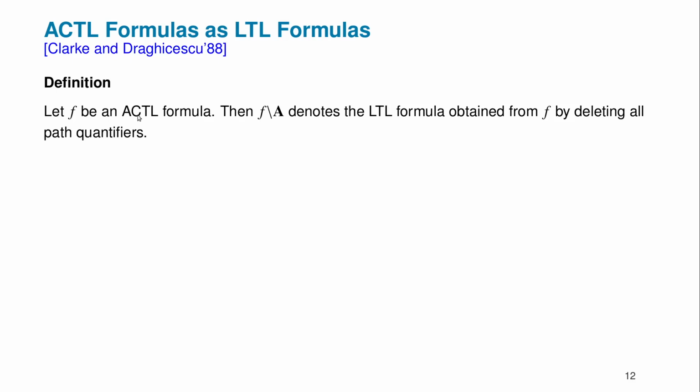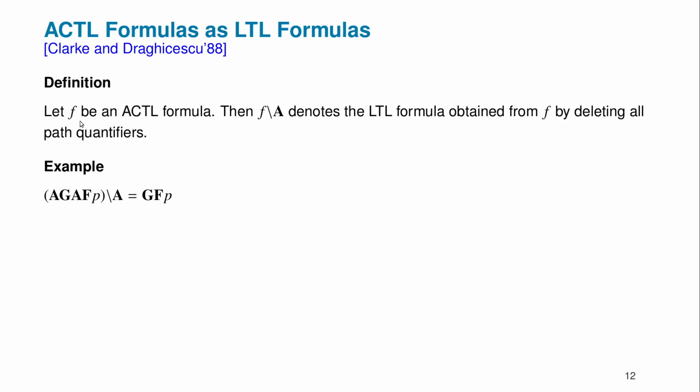If F is an ACTL formula, as we have just introduced, then F without A, so F\A, denotes the LTL formula that we obtain from F by deleting all the path quantifiers. So we simply remove all the A's from F and get an LTL formula. Here I have an example. AGAFP is a CTL formula, and without the A we get GFP, which is an LTL formula.